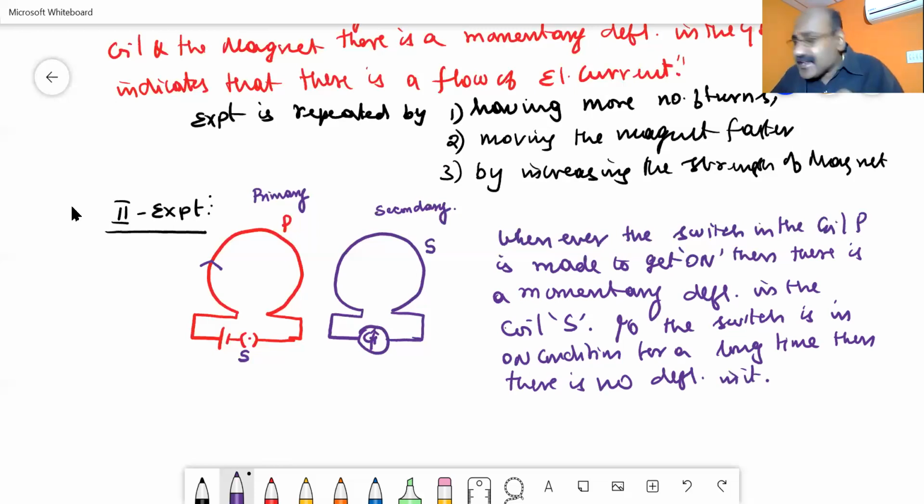But if you make the switch go to the off condition, then there will be a momentary deflection in the opposite side direction.